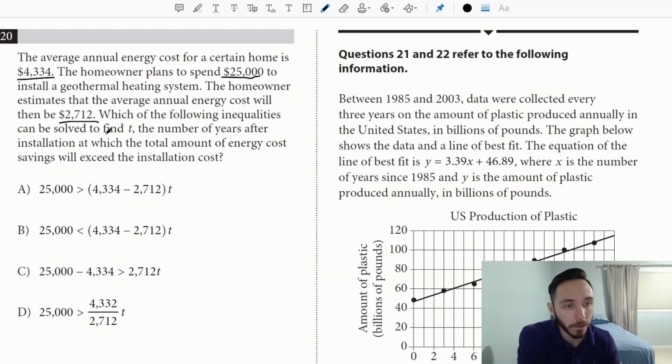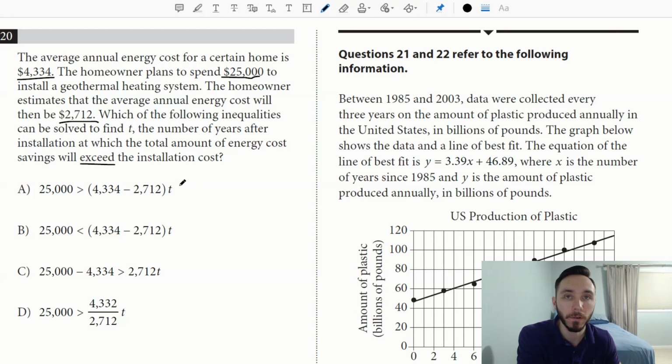Which of the following inequalities can be solved to find t? And this is where they describe the variable to you in the last sentence, kind of what I referred to in the last problem. The number of years after installation at which the total amount of energy cost savings will exceed, okay, I like that word, exceed the installation cost.